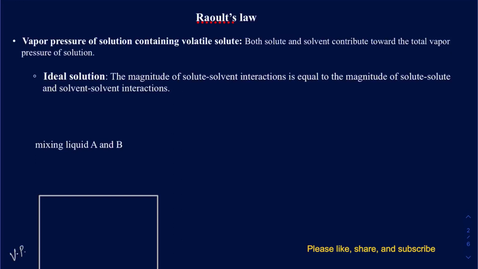The easier way to figure it out is that your solute is the one less in amount and your solvent is the one more in amount. Since both of those are liquid, they're both going to have their own vapor pressures, and your resulting vapor pressure is going to be the sum of those two.